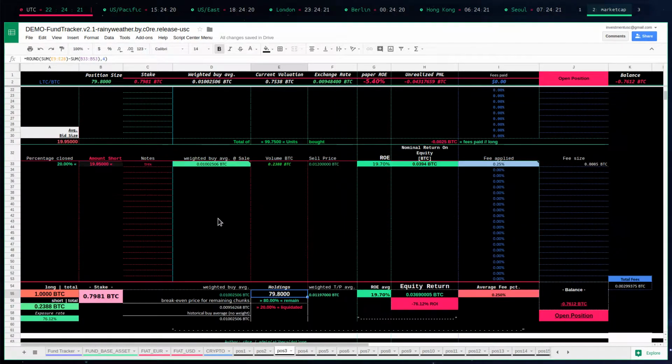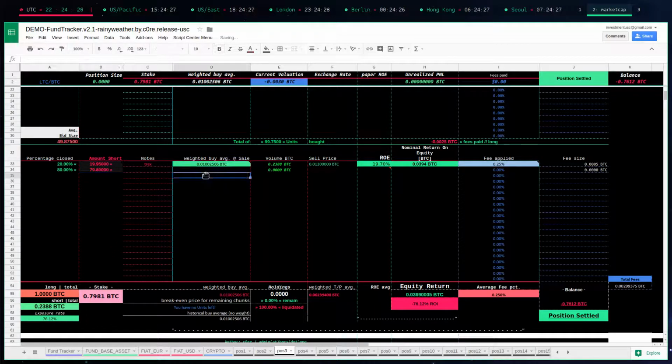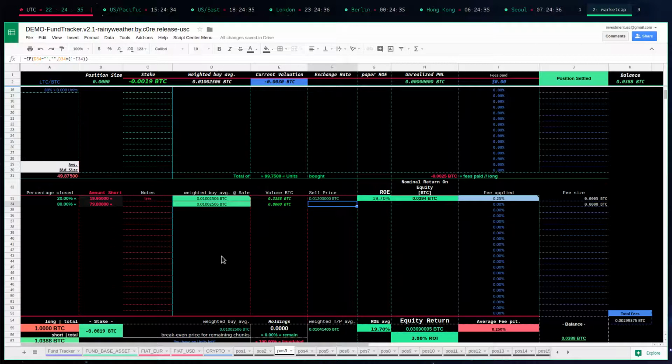So now let's close this thing. This is the rest amount that we hold. This is our weighted buy average at the time of selling, and we sell for 0.011.